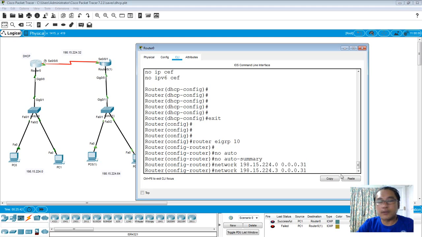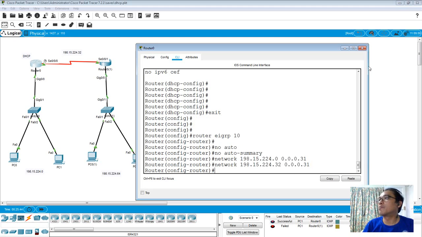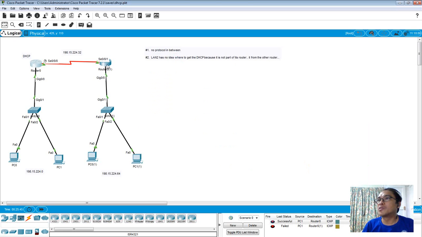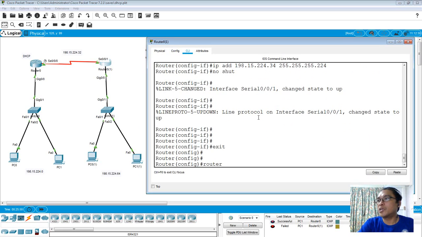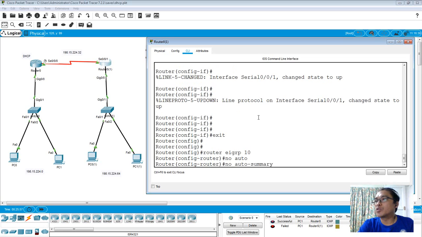On this end, we are also going to configure router EIGRP of the same autonomous system number. Then no auto summary.